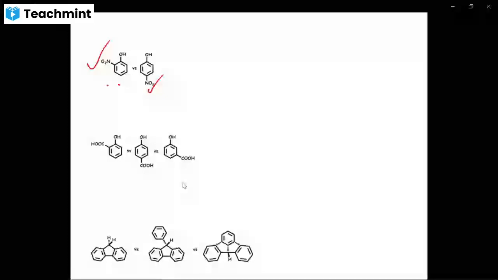Now can you tell what will be the acidity order of these three? Let's say this is A, this is B, this is C. This is one of the interesting examples. Can you tell the acidity order for this A, B, and C?